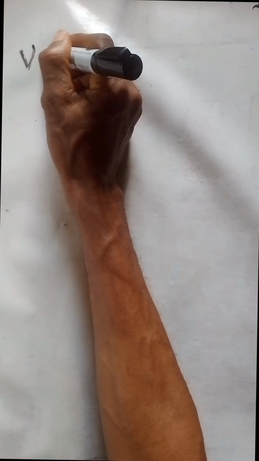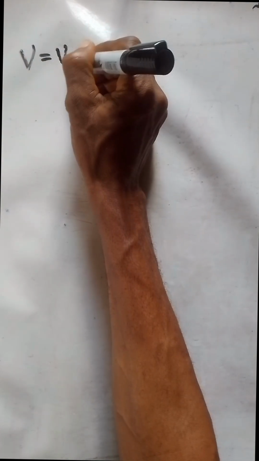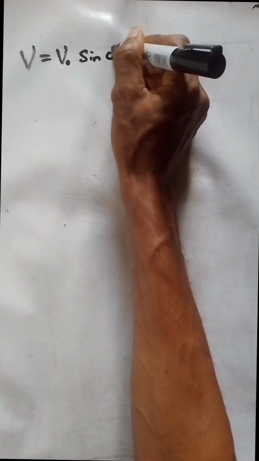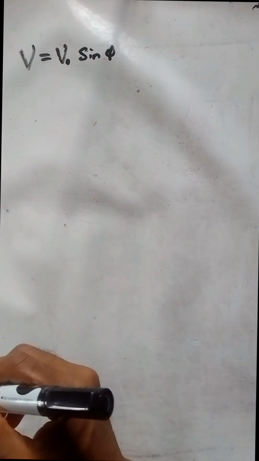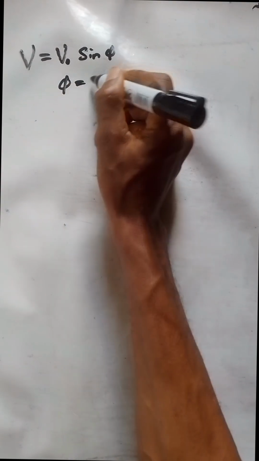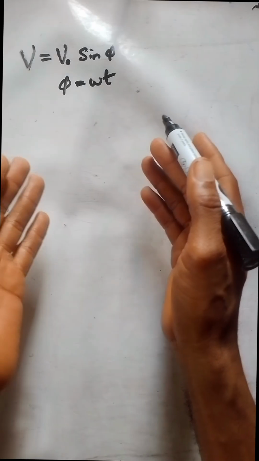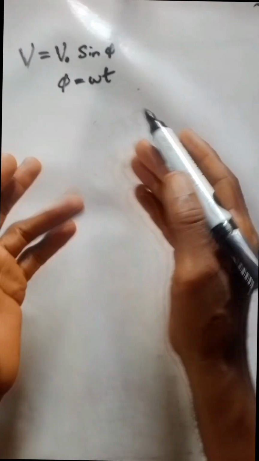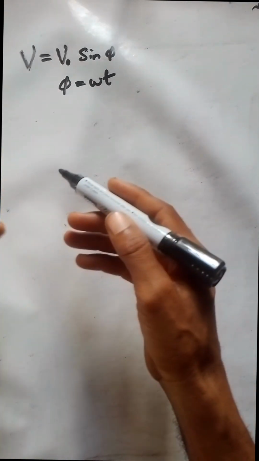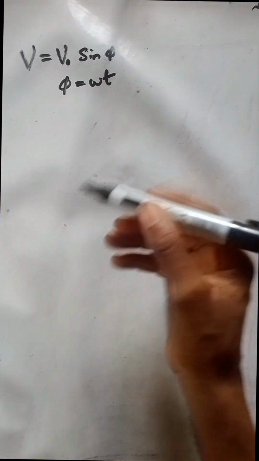So let's see some very special equations in AC circuit. We have a relationship V equal to V naught sine of the phase angle, where the phase angle is Wt. And when we say phase angle, it is the angle by which the current leads or lags the voltage in an AC circuit.